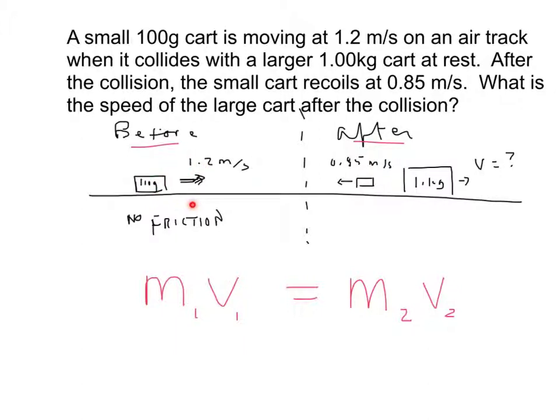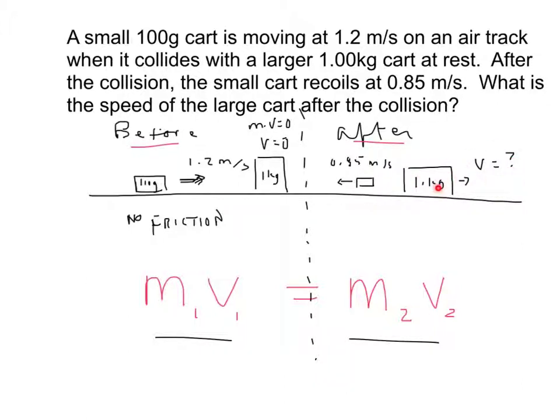We have this 1 kilogram mass sitting here, but the velocity is 0, so this has a momentum equal to 0. So we know that the momentum before must equal the momentum after because momentum is conserved. And in the question, they're asking what is the velocity of this big guy after the collision?